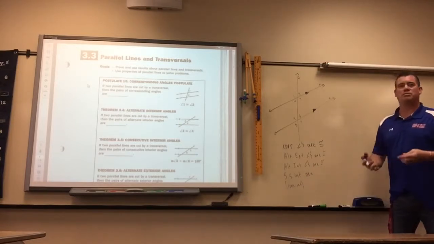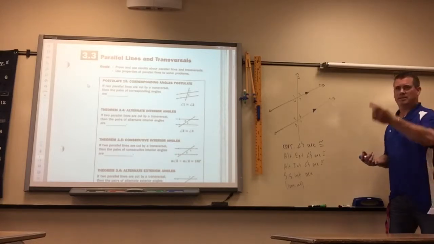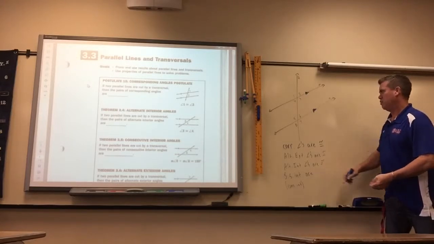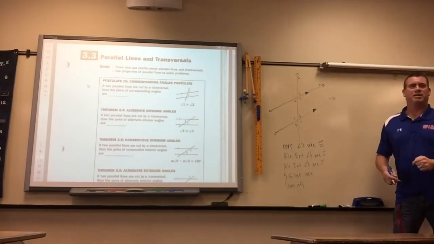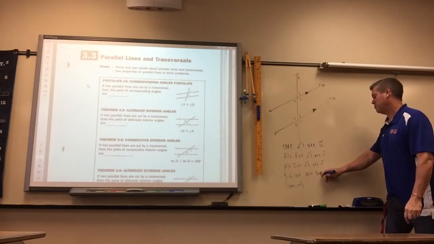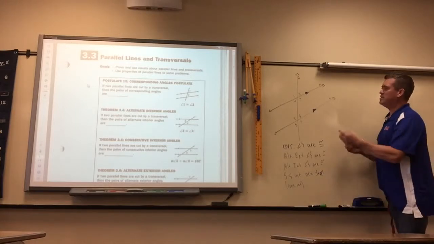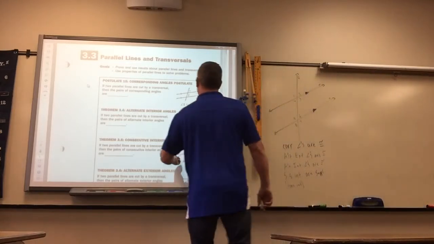As far as their values, they're not equal. Do they add to 90? Well, this one's over 90, so they can't add up to 90. They add up to 180, they're supplementary. Okay? So, in this picture, that's what all these theorems are telling us.